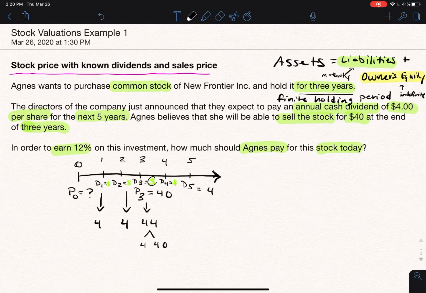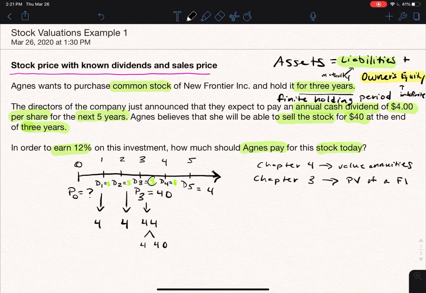So let's think about this, though. In Chapter 4, you were taught how to value annuities. In Chapter 3, you were also taught how to find the present value of any future value, right?